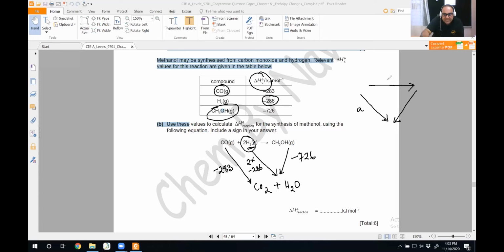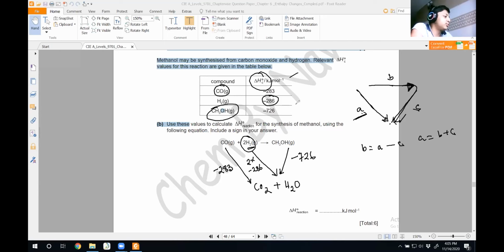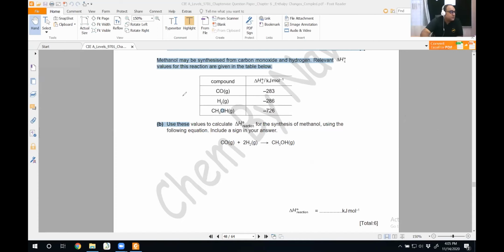If this is A, this is B, this is C, what will be the equation? B equals A minus C. Abia Zafir, what is the answer? Sir, minus 129. Minus 129. Our studies are finished. We are done with chapter 6.